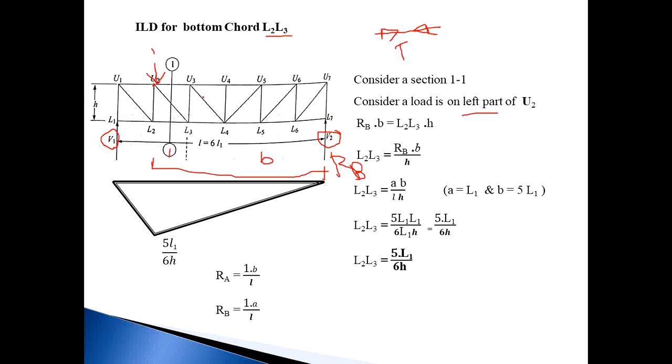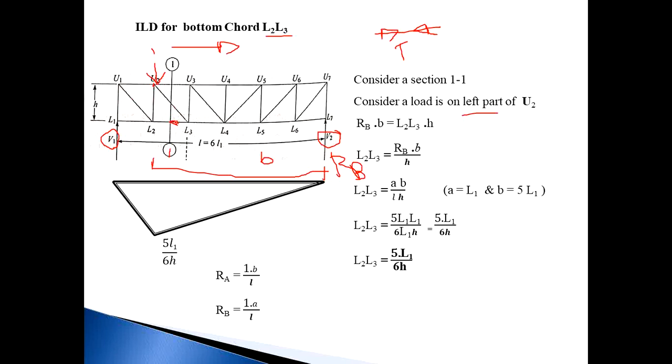To balance the moment with respect to U2, I want to apply a clockwise moment about the U2 point. When I consider the right side, I use only this part of the truss and ignore the other part, considering only the U2 point, otherwise all other forces and members are neglected.